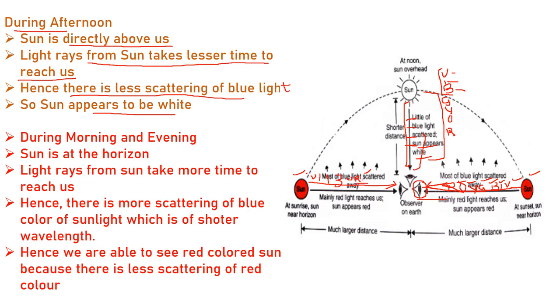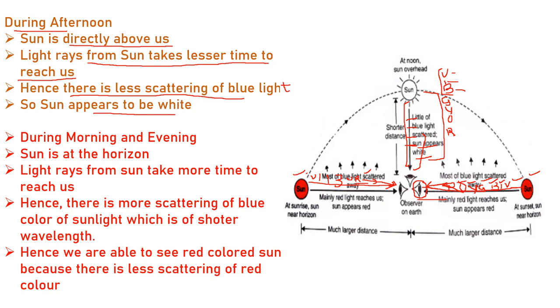The red is not getting scattered that much. It is still there in the band, and that is why our eyes are able to see the red color, because the rest of the colors of the light have completely scattered. The red is very prominent, and we are able to see the sun which is red in color.